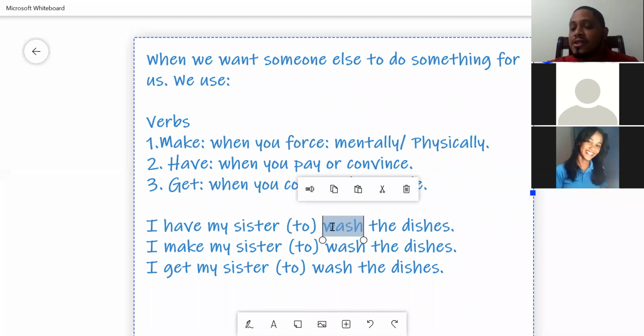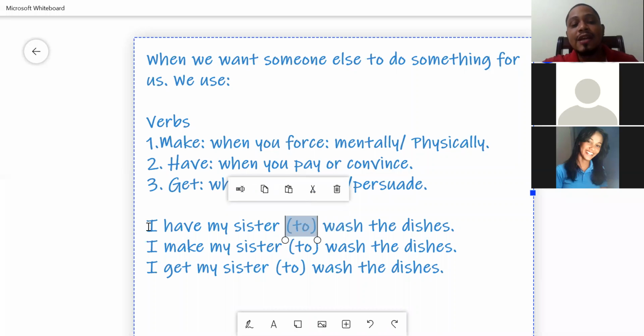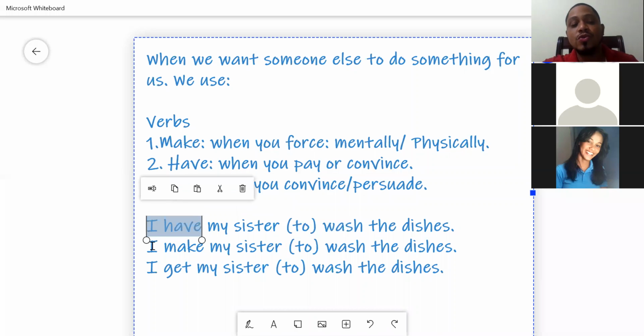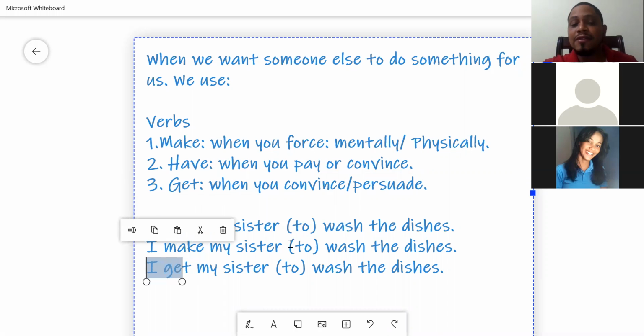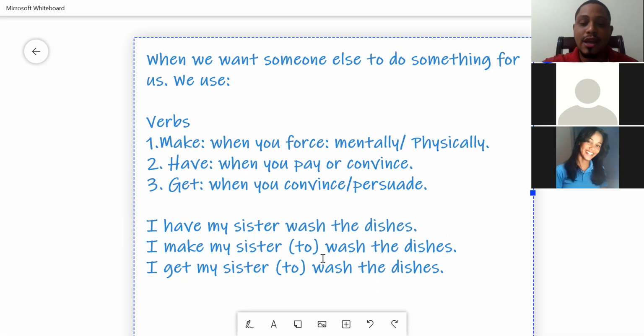So the normal rule says that when you see a verb like that alone, it needs to have the particle to normally. But in this type of sentences, when you do this here, I make, I get, I have, you don't have to use the particle to, okay? In the following verb. That's what I mean.